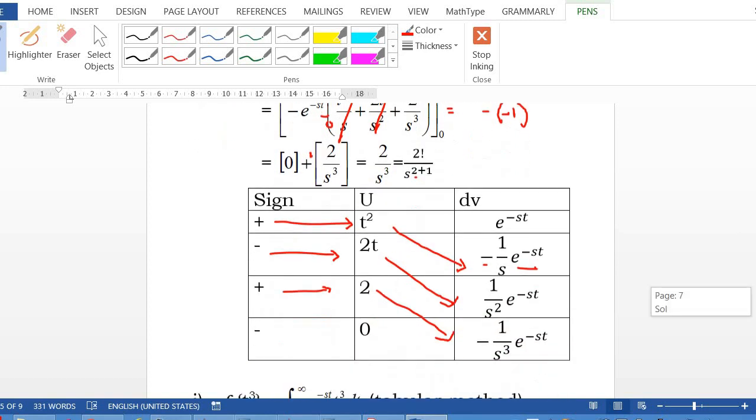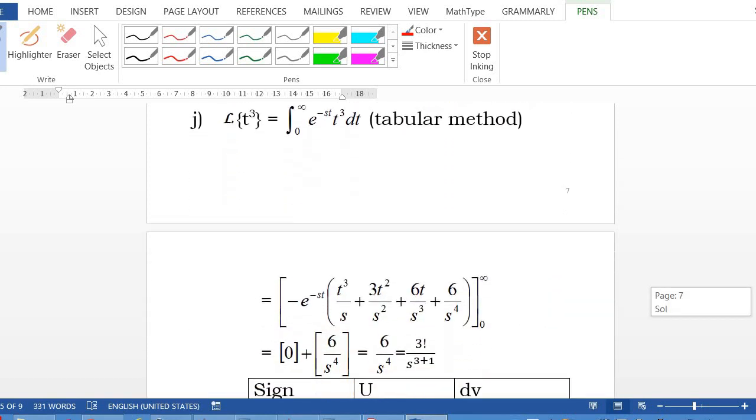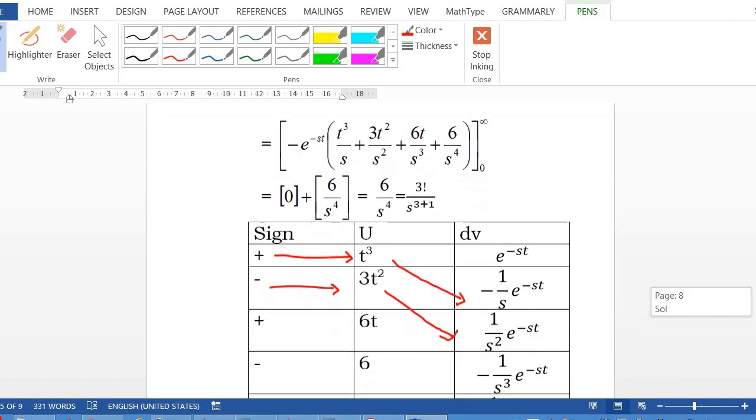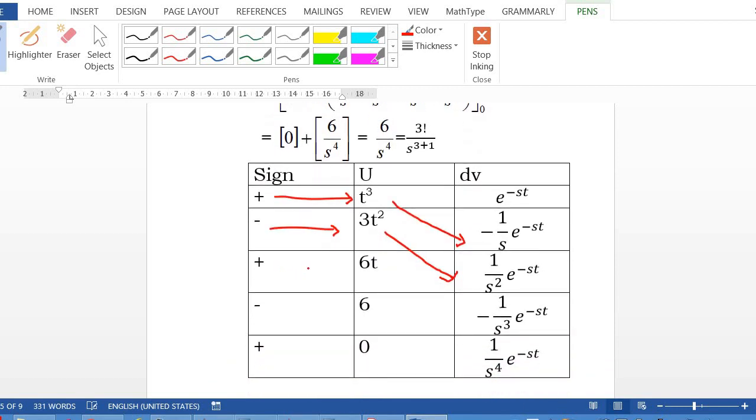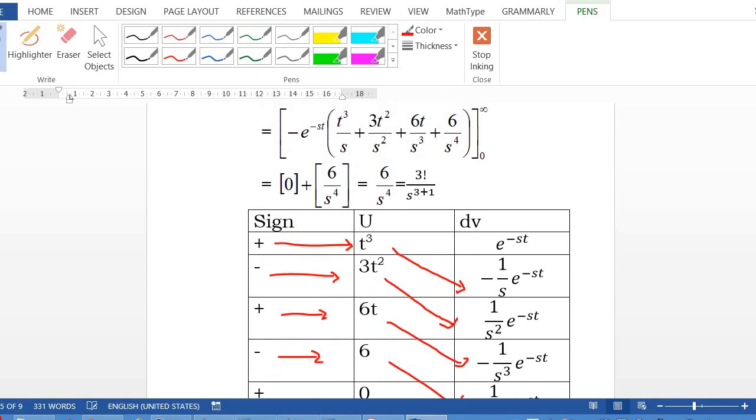Okay, similarly, if you do the Laplace transform for t cubed using the tabular method, t cubed differentiate: first time 3t squared, second time 6t, third time 6, fourth time 0. For dv, you integrate it and you have 4 results of your integral.